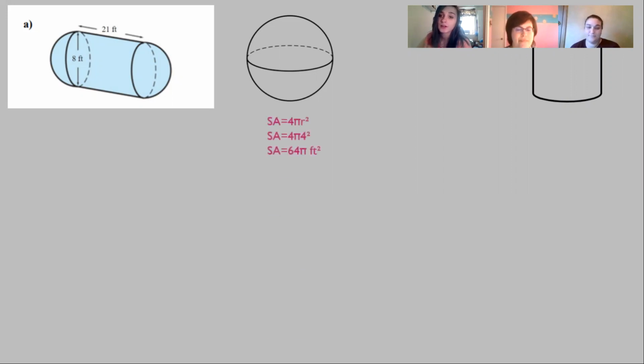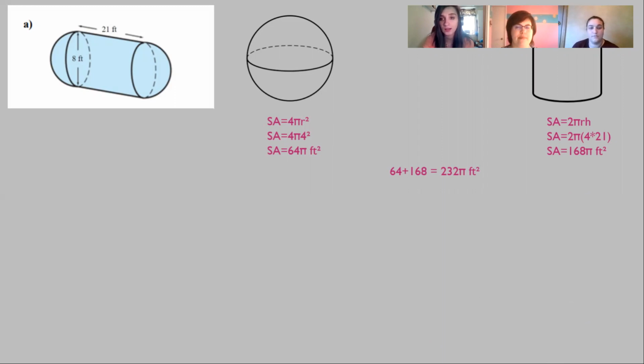So here we have the surface area of our sphere, which is 4 pi r squared. So I plugged in our numbers and get 64 pi feet squared. Now we're going to do the same thing to the cylinder, plug in our numbers, and we end up with 168 pi feet squared. And when we add those together, we get 232 pi feet squared.